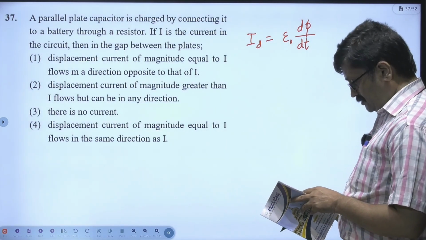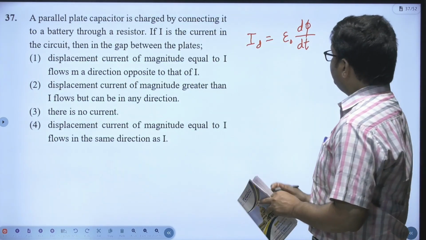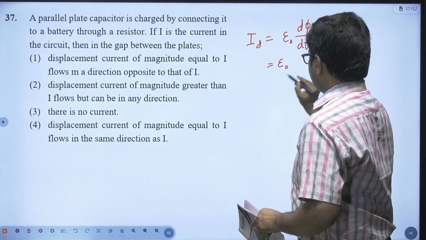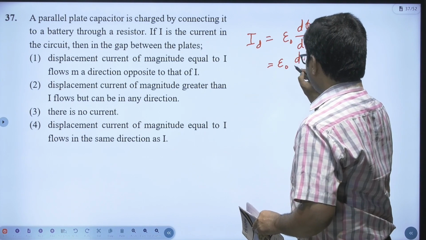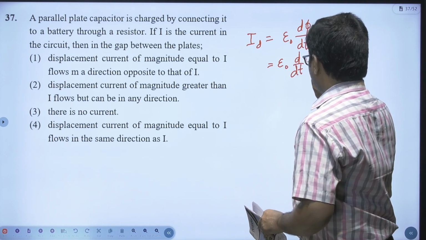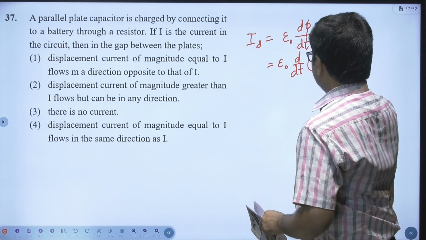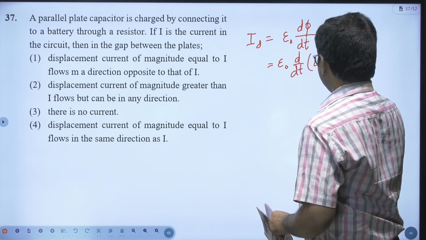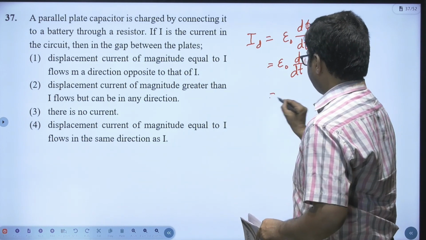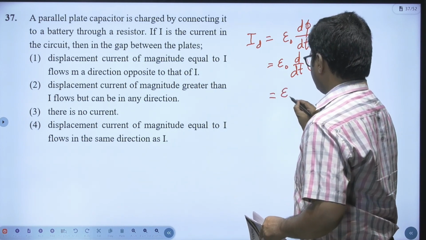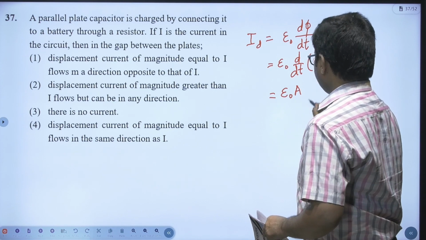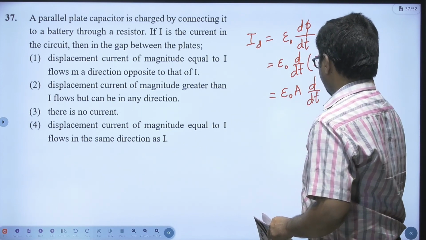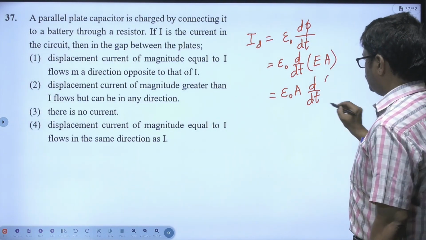Now note that in this d phi by dt, I'll keep epsilon naught as it is. I'll write d by dt of the electric flux, which is what? E into A. Now I'll take A outside and write epsilon naught A into d by dt of E, the electric field.